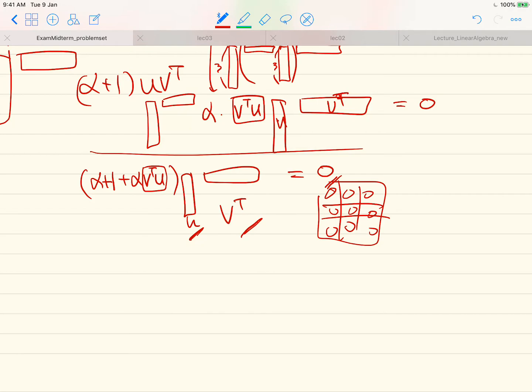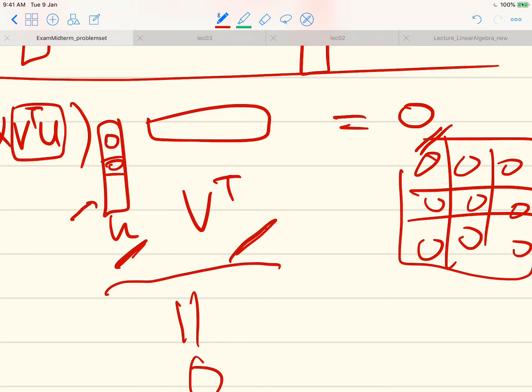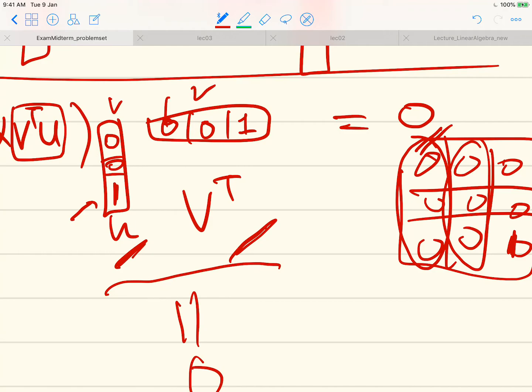Here it is impossible to make this guy a zero matrix, because suppose u v transpose has at least one non-zero entry.